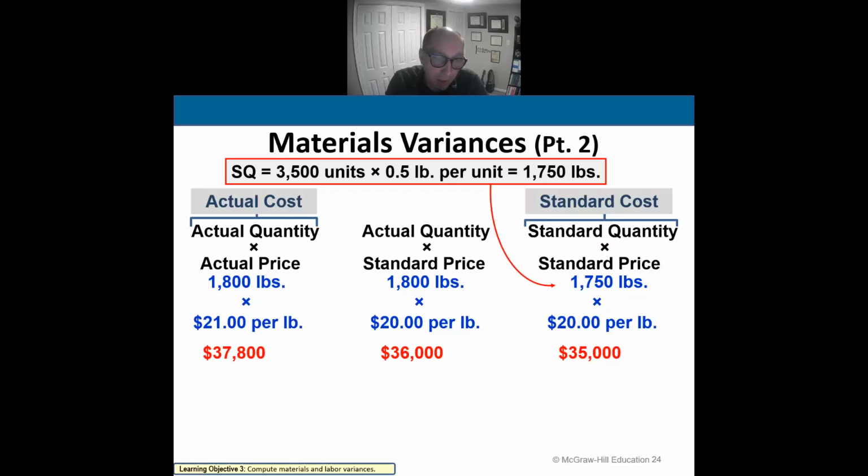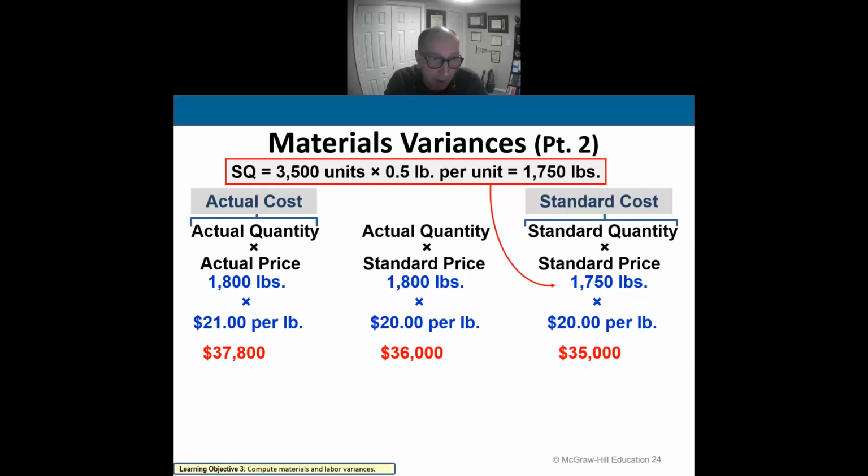So in some cases, my actual quantity might be higher or lower, and my actual price might be higher or lower. Okay? Because sometimes I need to order a few more pounds, or the price per pound goes up, right? So I make a phone call and I say, hey, supplier, I need to purchase my standard amount.